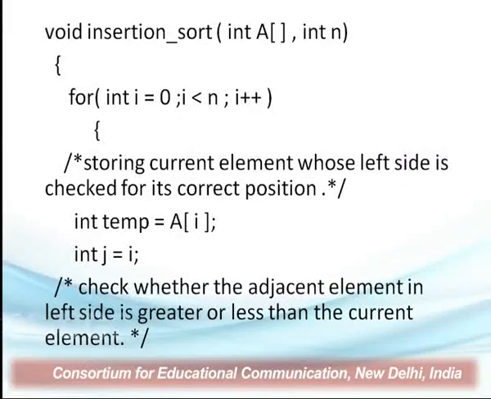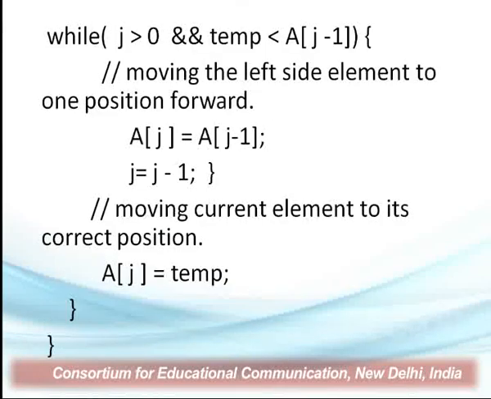We will store this element into a different temporary variable, let us say temp, and then we will check whether the adjacent element on the left side is greater than the current element or not. This will be checked by the condition: while j greater than 0 and temp, which is your a[i], the element in hand, temp is less than a[j minus 1].